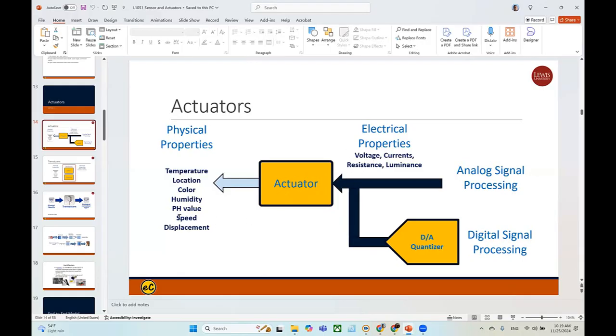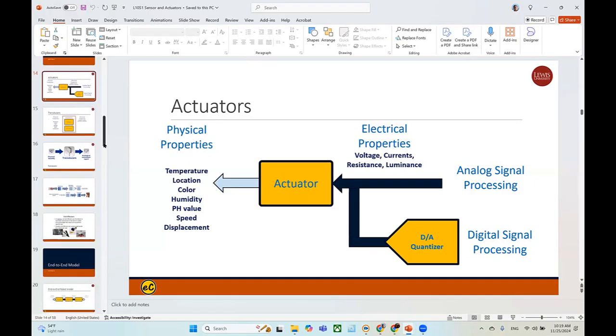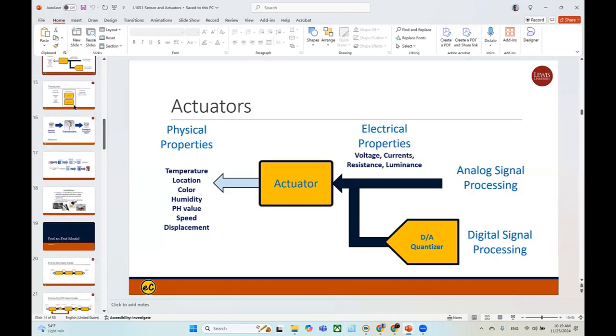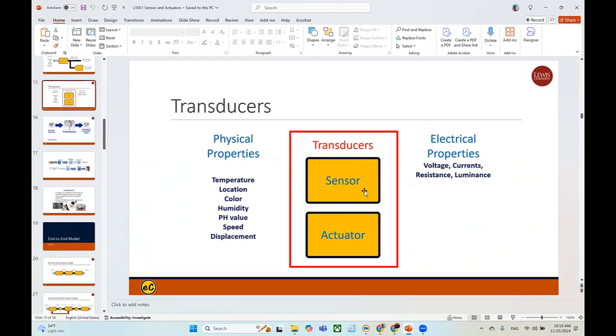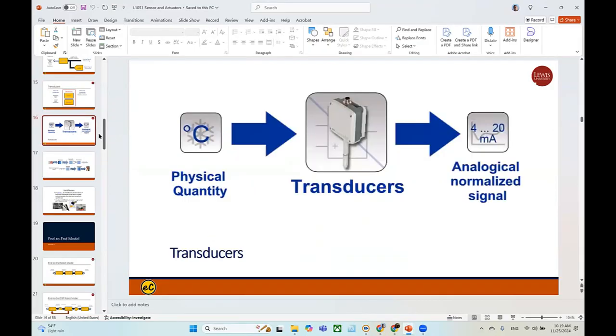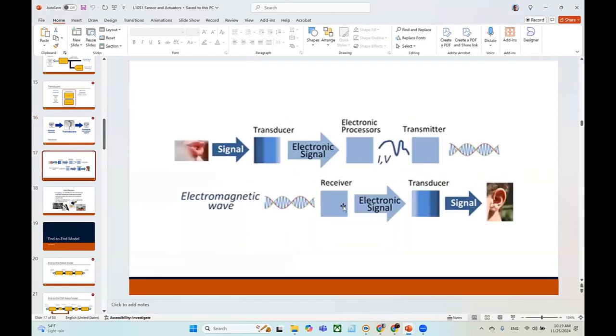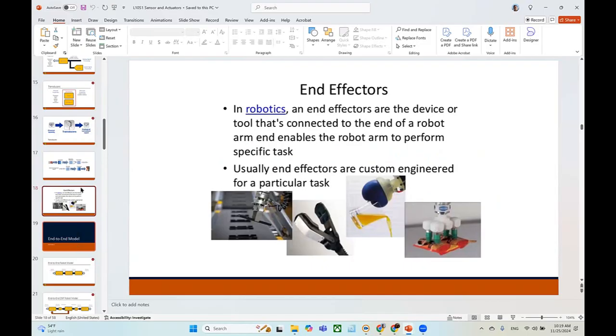So you change the physical property. If you have a sensor and actuator together, we call it a transducer. If the term transducer comes up, it means a two-way sensor plus actuator. So you have the signal path, and we talked about the front-end sensor and actuator.